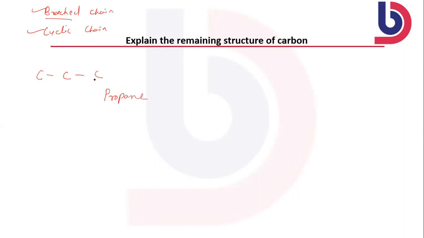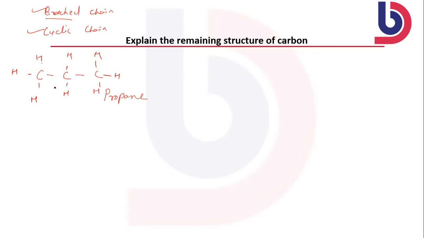If I'm writing three carbon, now you know every valence electron has hydrogen. So the ends, these two carbons, have three hydrogen like this, and the middle one has two, because if you see the middle carbon, two valencies are already occupied.